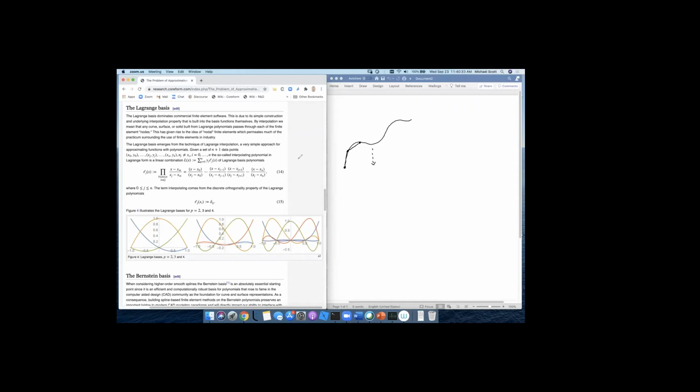Well, you actually need one more thing. So partition of unity is half the story. That's the next basis that we're going to talk about. What Curtis is saying is what partition of unity means is that if you sum up the basis functions at any point, they're going to sum to 1. We call that a partition of unity.